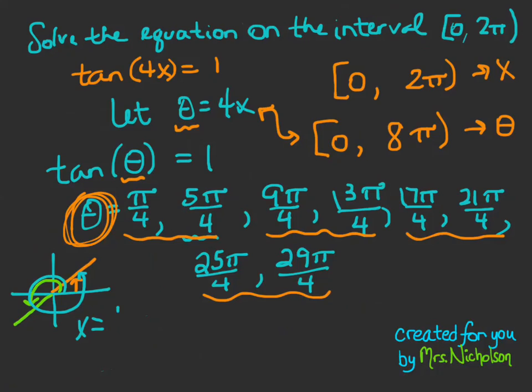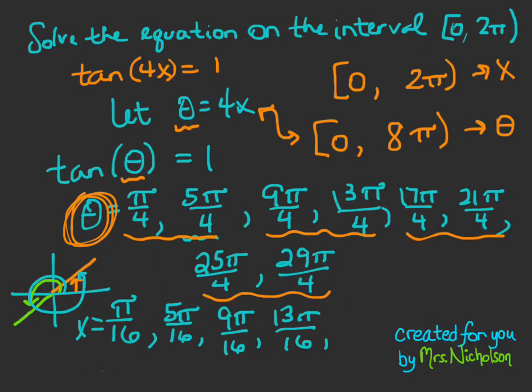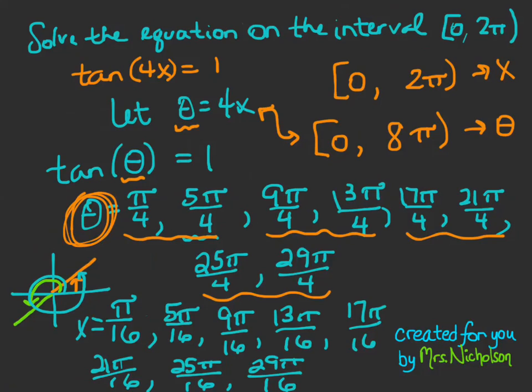X is equal to pi over 16, which was my first answer, 5 pi over 16, 9 pi over 16, 13 pi over 16, 17 pi over 16, 21 pi over 16, 25 pi over 16, and 29 pi over 16.